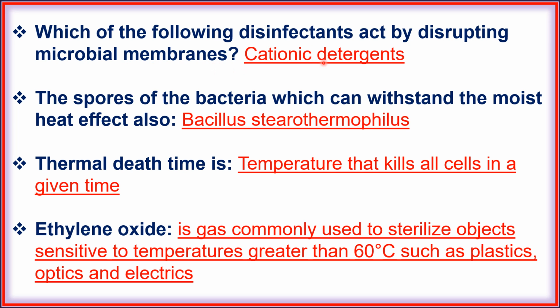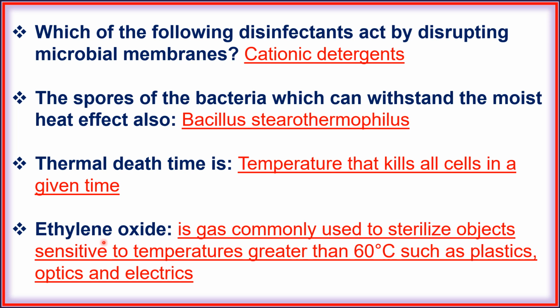That is cationic detergent. Next, the spores of bacteria which can withstand the moist heat effect also are Bacillus stearothermophilus. Next, thermal death time is the time that kills all cells at a given temperature.